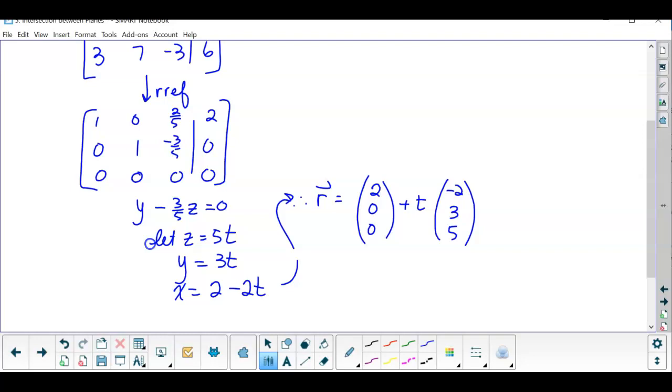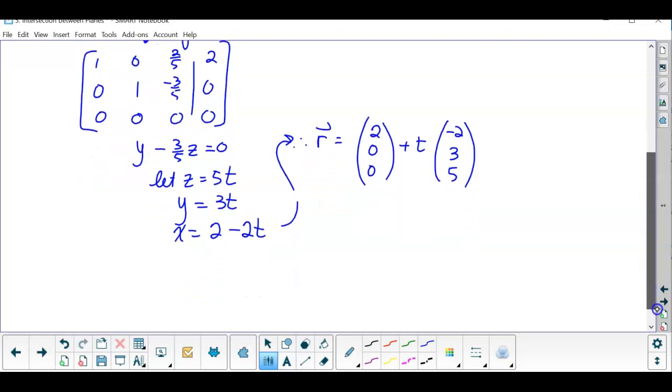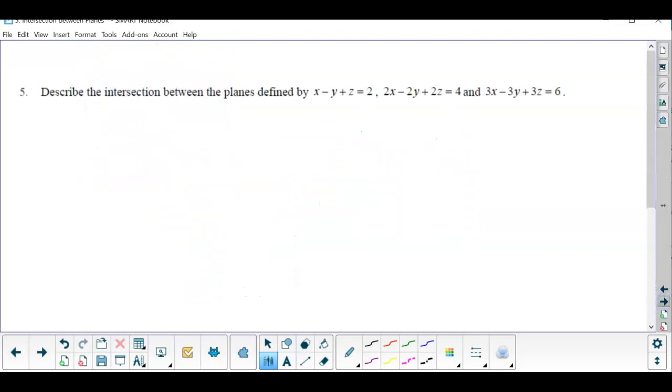Last one, notice how it says describe. You don't actually have to calculate anything. It says describe the intersection. So are there no points, one point, infinitely many, and what is the type of intersection? A line, a plane, that kind of thing. So you've got your three. I would look at the normals.